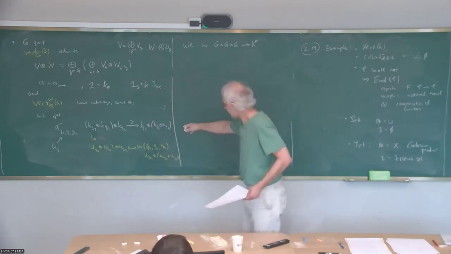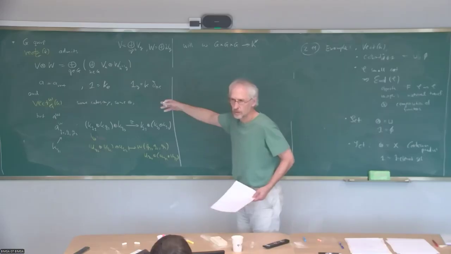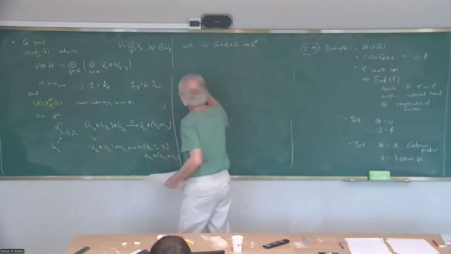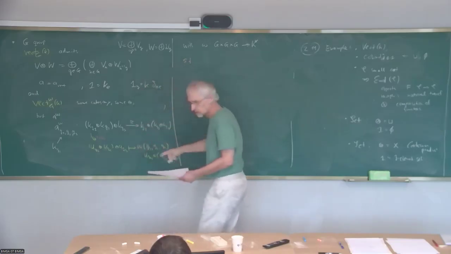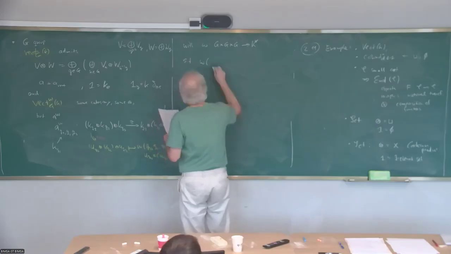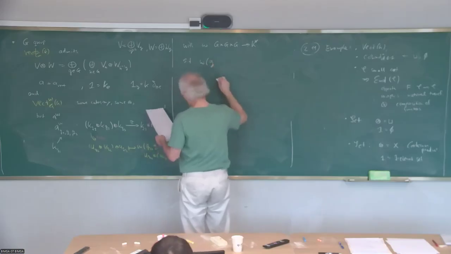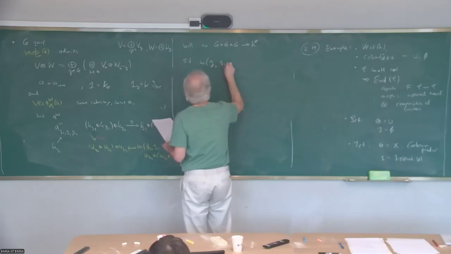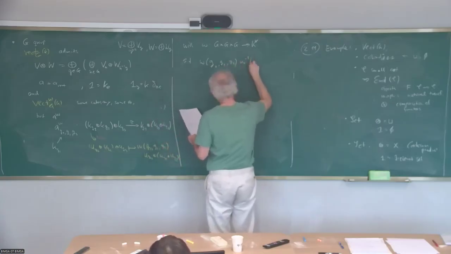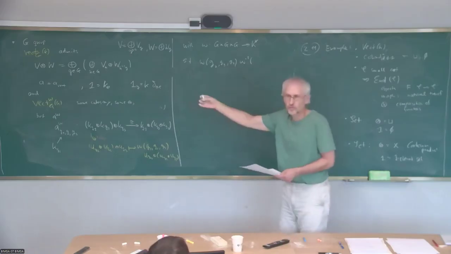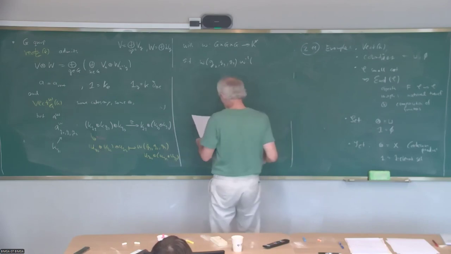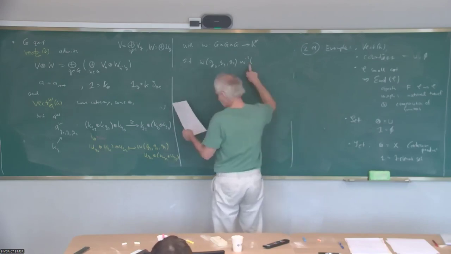Now, if this is an arbitrary such function, it will not give me an associator, because the associator has to satisfy the pentagon condition. If you write down the pentagon condition for that, we get that omega of G2, G3, G4 times omega inverse. I have 5 terms, 3 on the left, 2 on the right, but I bring all to the left by taking inverses of 2 of them.